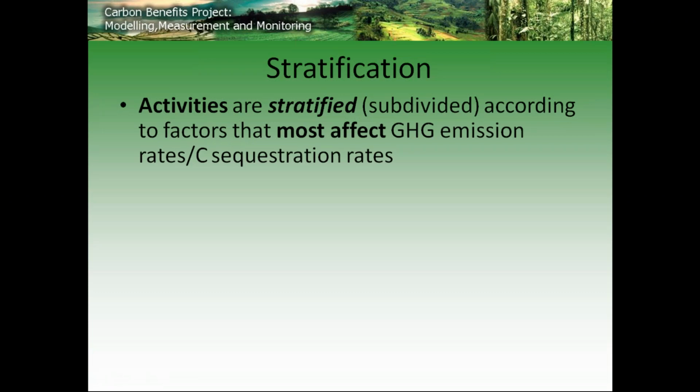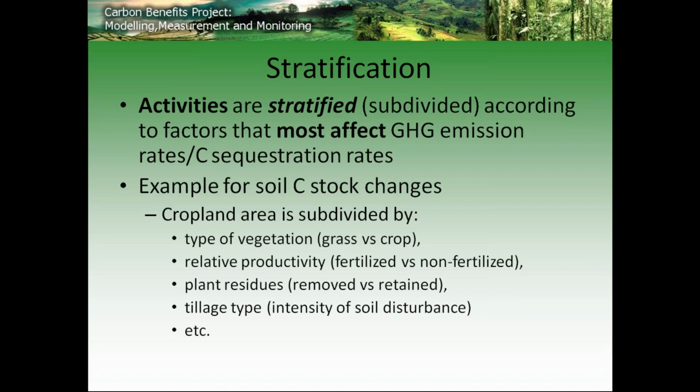Okay, so these emission factors, if you are going to choose your own, and what's already happened with the IPCC method, is that activities have been stratified. So activities are stratified or subdivided according to factors that most affect greenhouse gas emissions rates and carbon sequestration rates. Some examples of these stock change factors that affect something like soil carbon could be a type of vegetation.